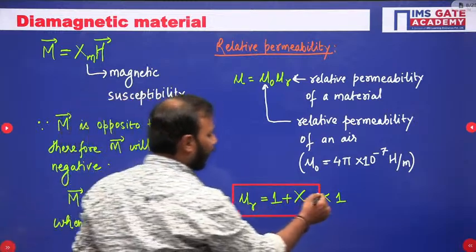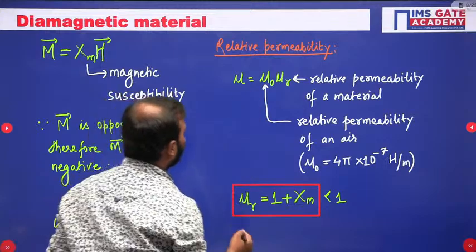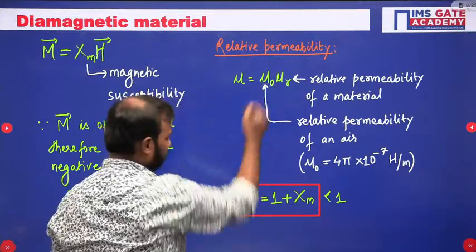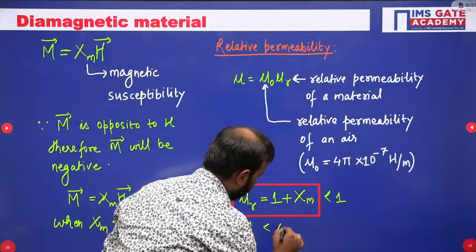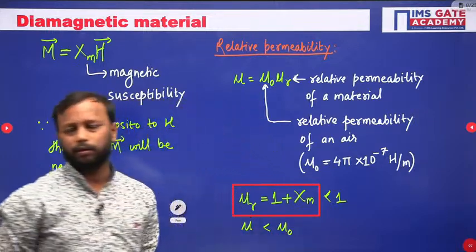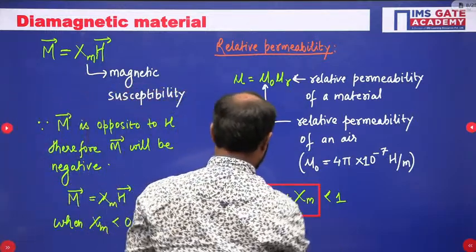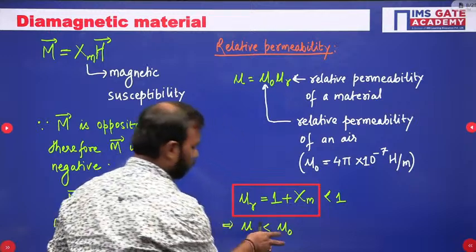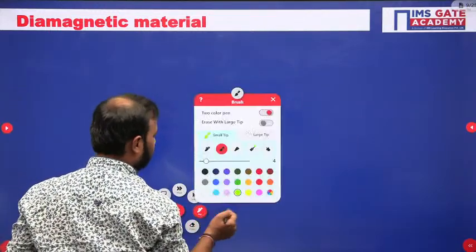So what it implies is that your mu is less than mu naught. Yes or no?